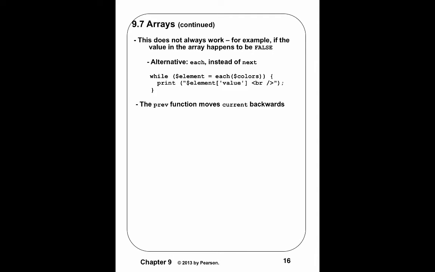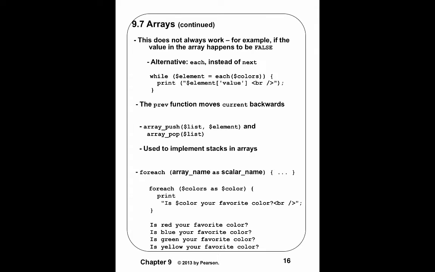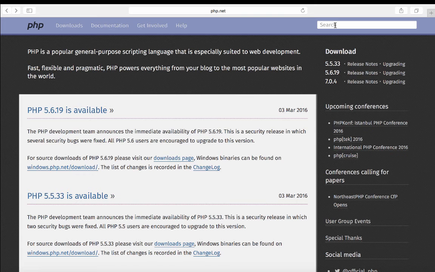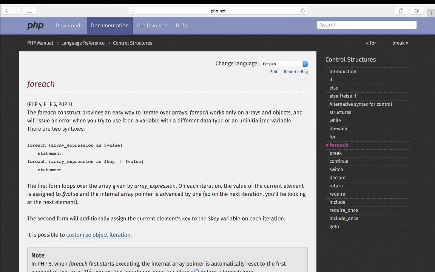The prev function moves current backwards, so this is used to navigate within the array. So it may seem a bit confusing at the moment, right? Some of the operations here, but you can always check by using the website called php.net. If you go to this website called php.net, you can look things up. So if you wanted to find out more about the foreach statement, there you go.